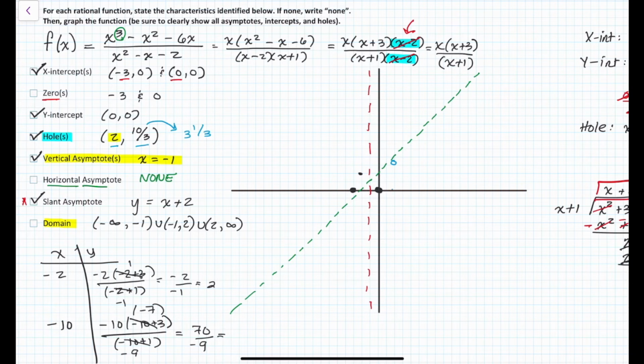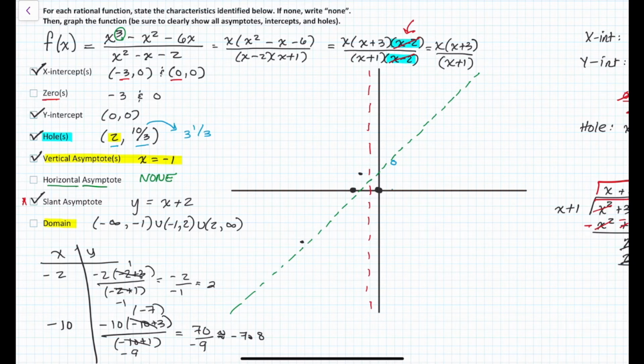So close to, it's almost like if we did 70 divided by 10, you could figure it's about 7. It's going to be a little bit more than 7, and in fact it's about 7.8. So if we wanted to show that on the graph, we just know that it's going to be really close to that slant asymptote further out.